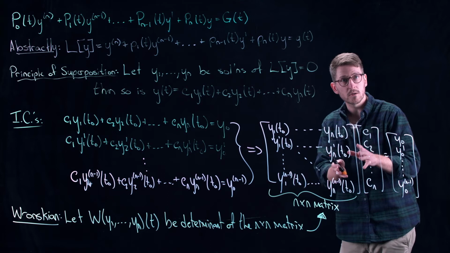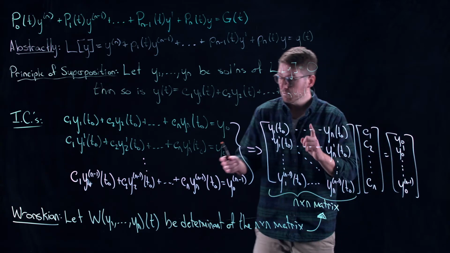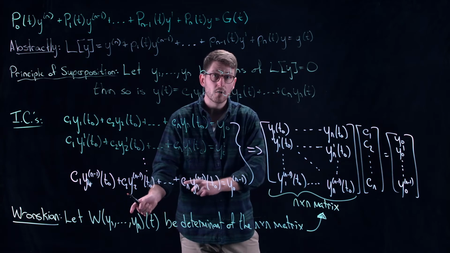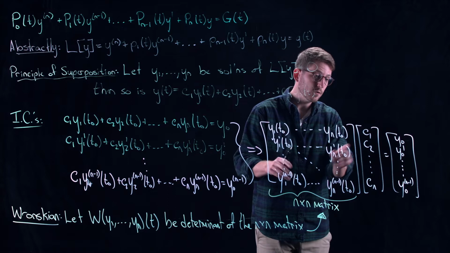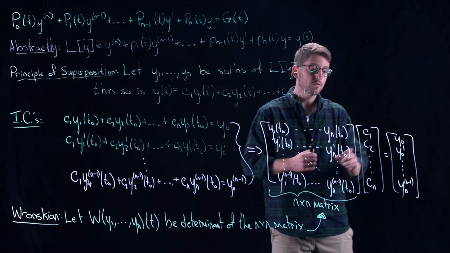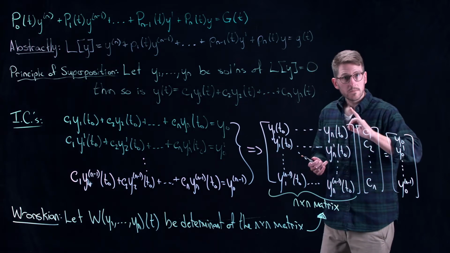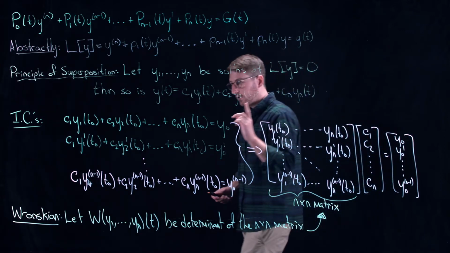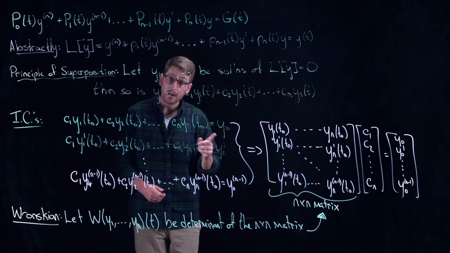Why do I care about the determinant of this thing? Determinant tells me if this thing is invertible. As long as the Wronskian is not 0, this thing is invertible. And if that thing is invertible, there's a unique solution for C1, C2, all the way to Cn. What does that mean? Well, remember what it meant for the second order equations. It means I can satisfy the initial value problem, right?